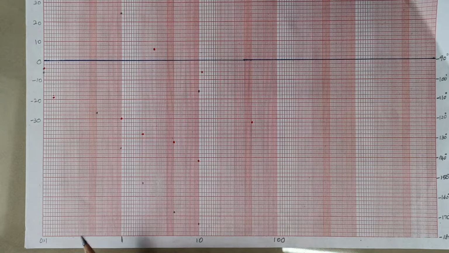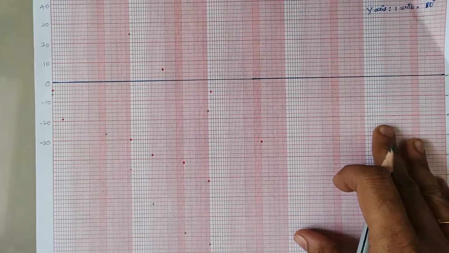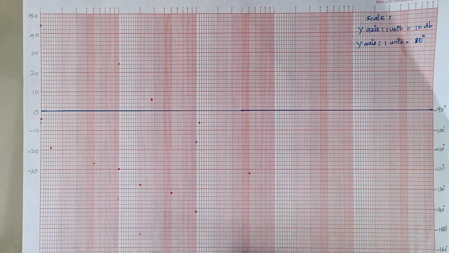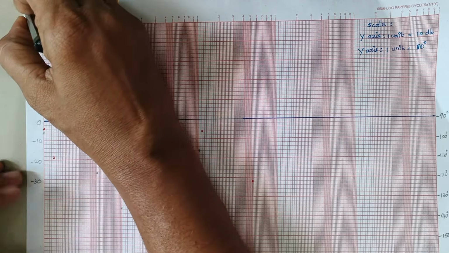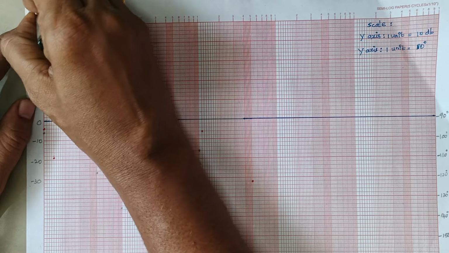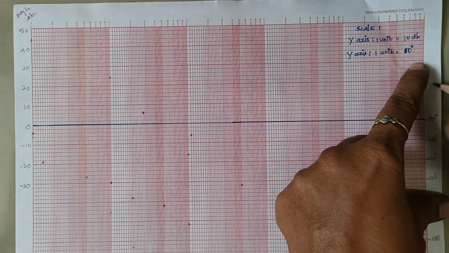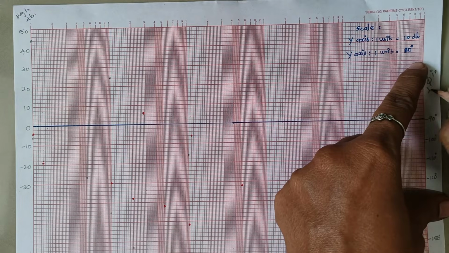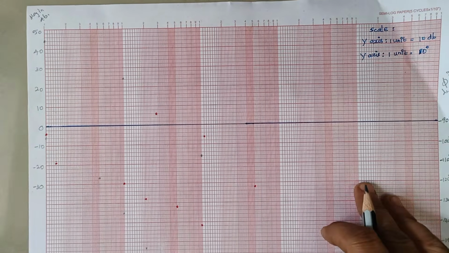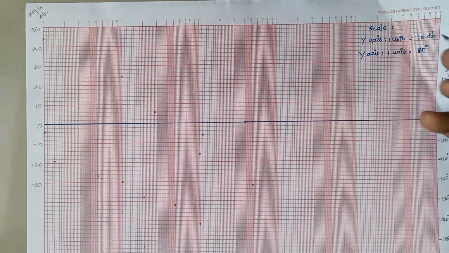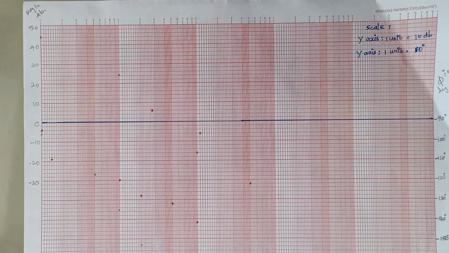Here I have started from 0.1, 1, 10 and 100, and on the y-axis, depending upon our magnitude value, we have to select the scale. The left hand side stands for magnitude, so you have to mention it as magnitude in dB, and here it is phase angle, so you can write it as phase angle in degrees. It is a must to mention these things, and you have to write the scale also. Here 1 unit is 10 dB and here 1 unit is 10 degrees.